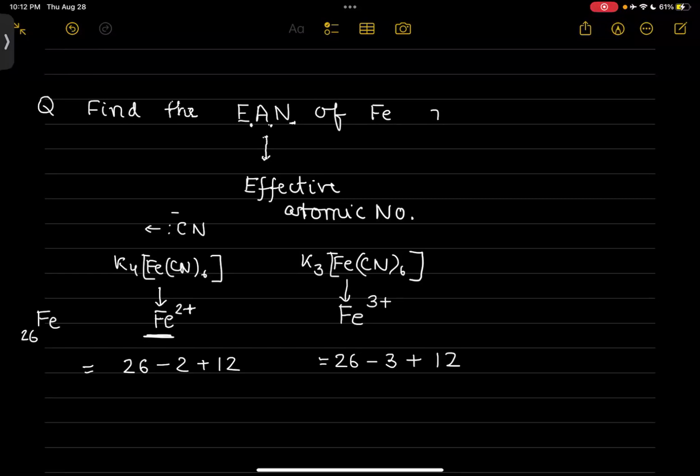So how many electrons do the iron atoms effectively have in both the complexes? How many electrons in total, including their own electrons and the electrons donated by the ligands? What is the total number of electrons?